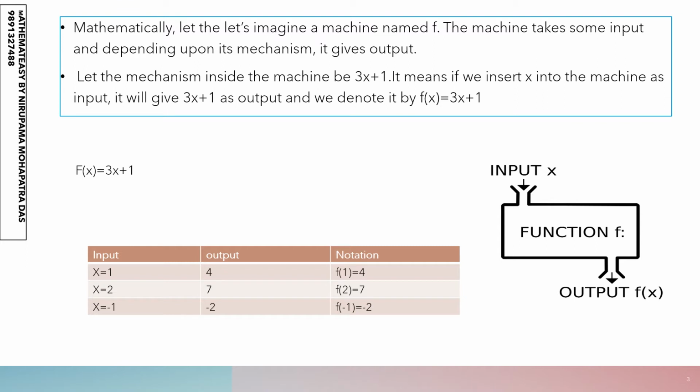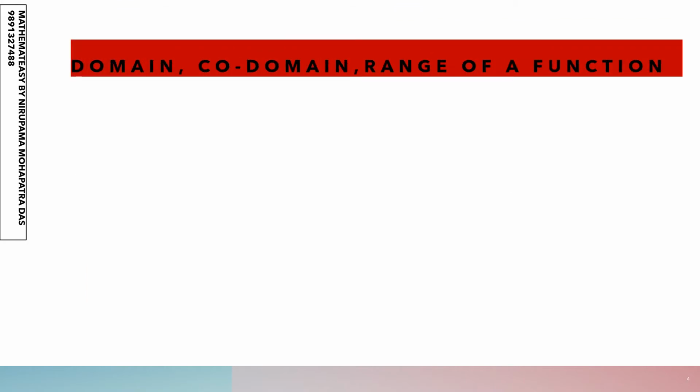So whenever we say function, we define it in this way. A relation f from A to B is called a function if every element of A is associated with a unique element of B. It means function is basically a relation from A to B in which every element of the first set is associated with a unique element of the second set B. So basically function is a relation.